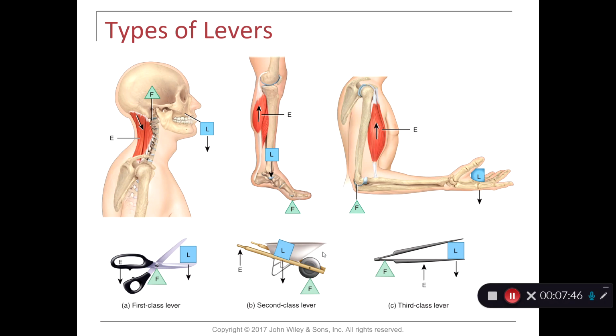Now, how do you determine effort, load, and fulcrum and the organization of those points? Well, let's look at the third class lever. There can be some confusion. You can kind of see, well, the E is up here, the F is here, and the L is here, but if we were to put that into order by going from proximal to distal, this drawing makes it look like the effort comes first, and it should be an F or a first class.